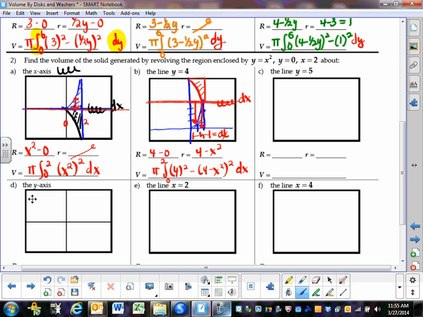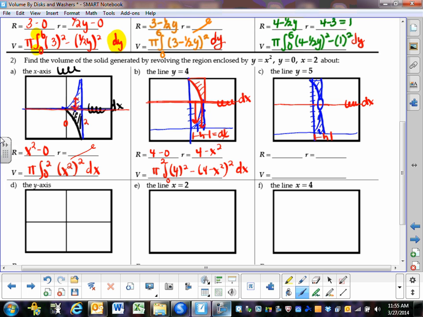Okay, and again, if we do the same curve with the same shapes, and this time we rotate instead about the line y equals 5, then we're going to have a hole all the way through our shape. The height of my shape, again, is going this way, so we have a dx problem. The rotation has to reflect across. So now you can see that we have a hole in the center, in addition to a bowled out part.